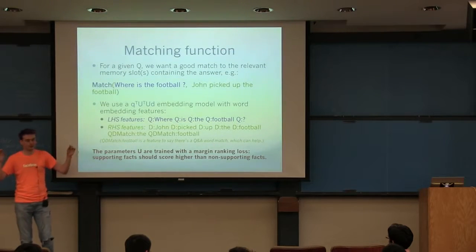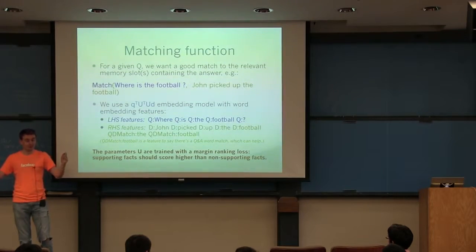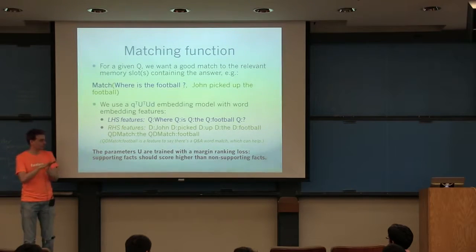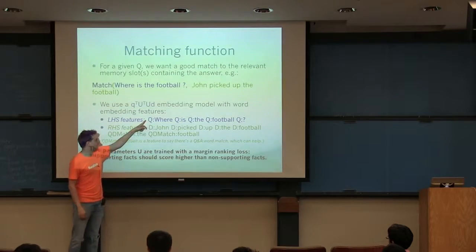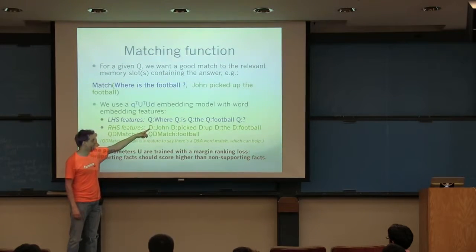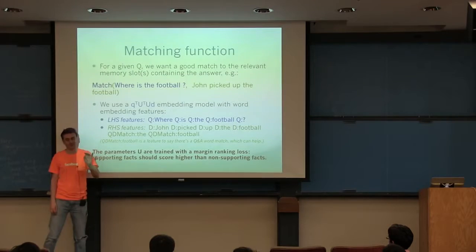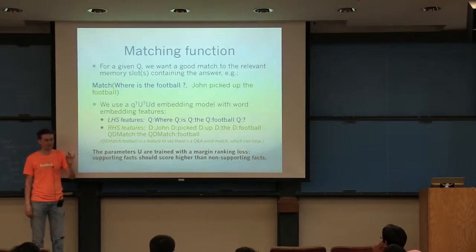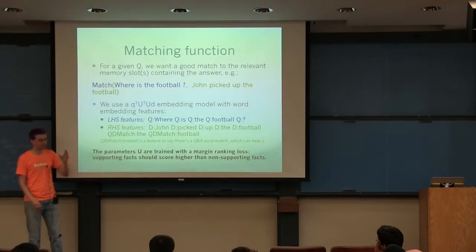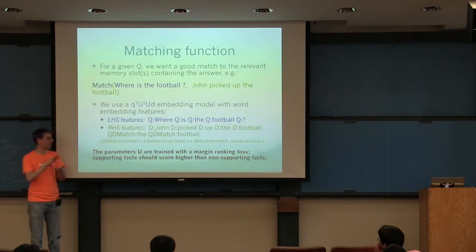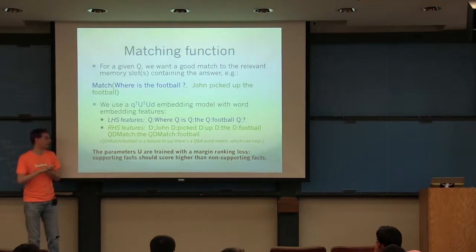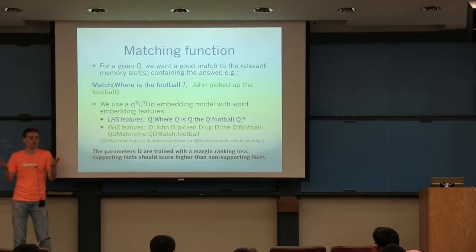Actually, in our case, the size of the dictionary times 3, because we take all the possible words in the dictionary and prefix them with one of 3 prefixes: Q colon, D colon, or Q2 colon. The reason is that we want to represent the question, the first supporting fact and the second supporting fact differently, so that they have different word embeddings. This is so the model knows which one it is, and it works better if you do it this way.